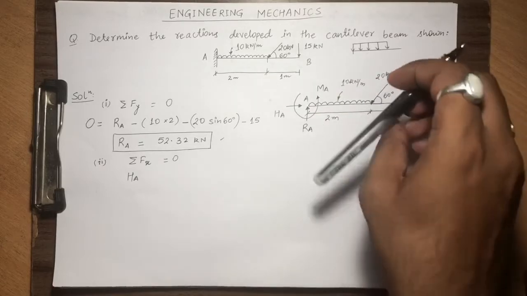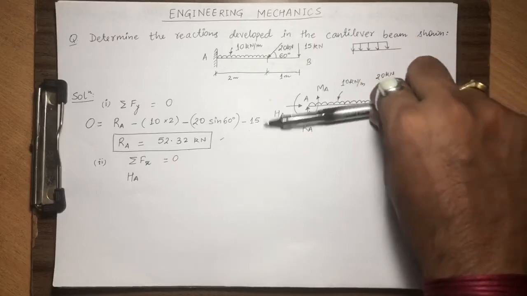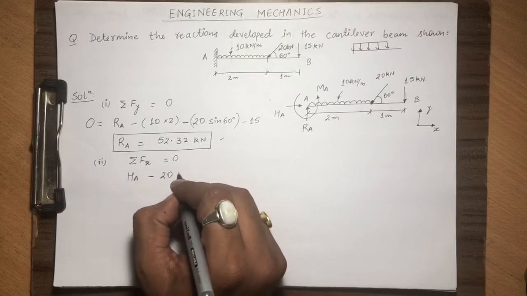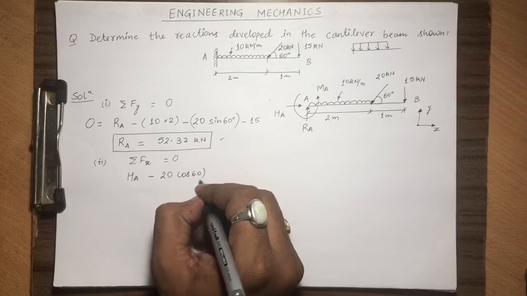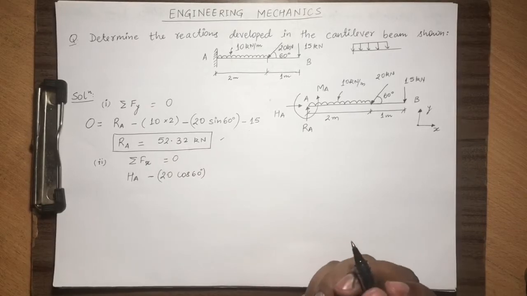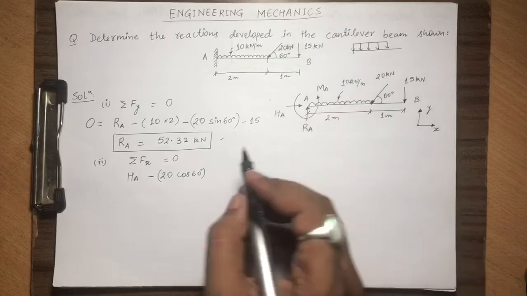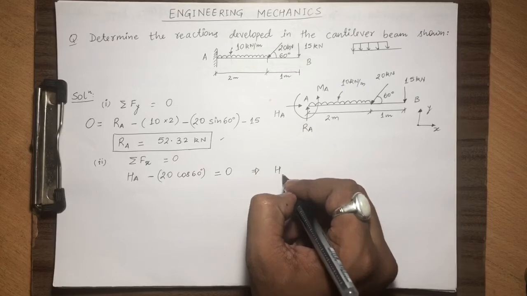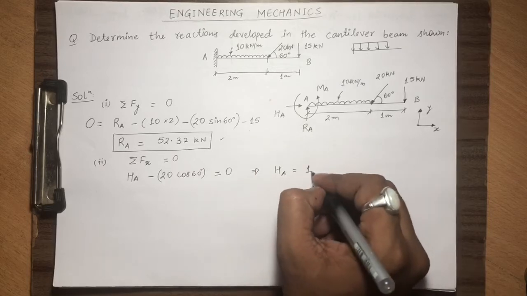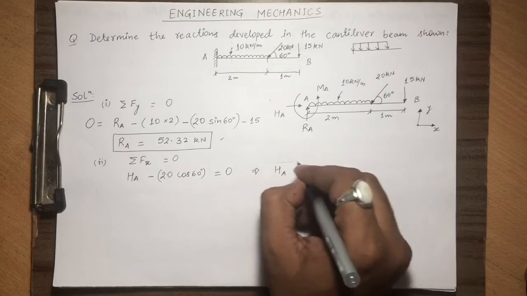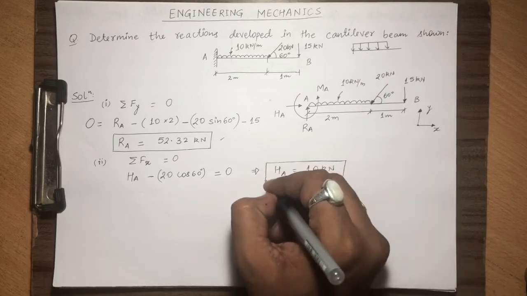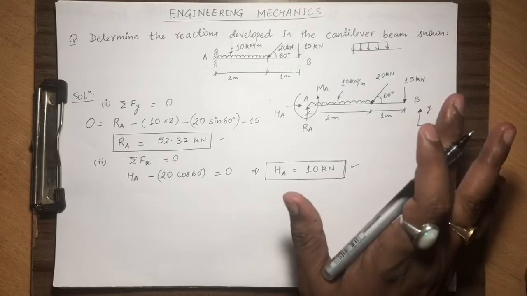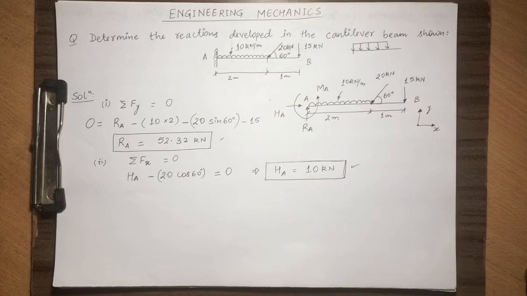But the component is towards negative x, so this will be minus 20 cos 60 degree. Okay, and only these two forces are acting along x-axis. So this will give HA is equal to 10 kilonewton. Okay, so I hope till now there is no doubt.